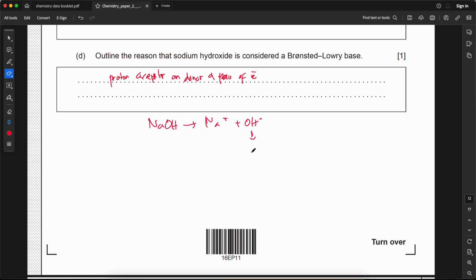This OH minus will be able to accept a proton, producing H2O, or the electron pair here will be able to be donated, acting as a Bronsted-Lowry base as well. So proton acceptor and also able to donate a pair of electrons.